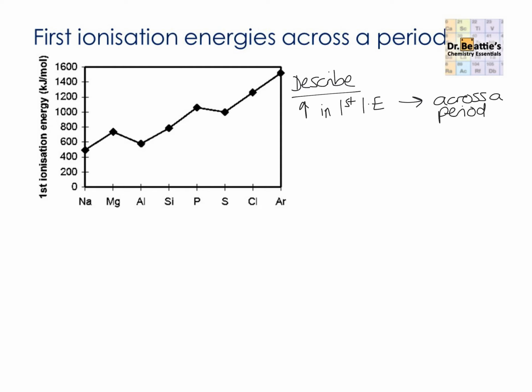And this general trend is due to the proton number as we go across the period here. As we go across the period, the proton numbers change as shown now. So we have an increase in the proton number, which leads to an increase in the nuclear charge.